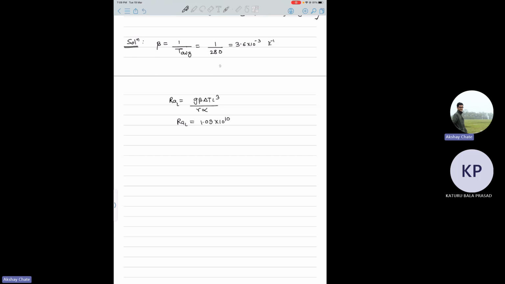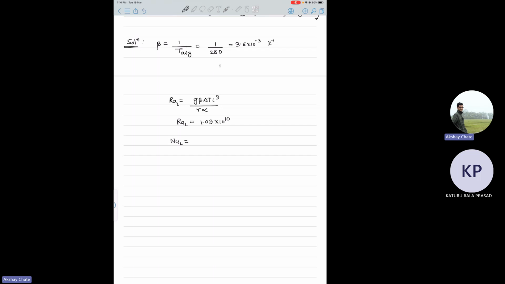Now you have to use the Nusselt number correlation, which is a pretty scary looking one. If you do this calculation, I am skipping it because it's quite involved.